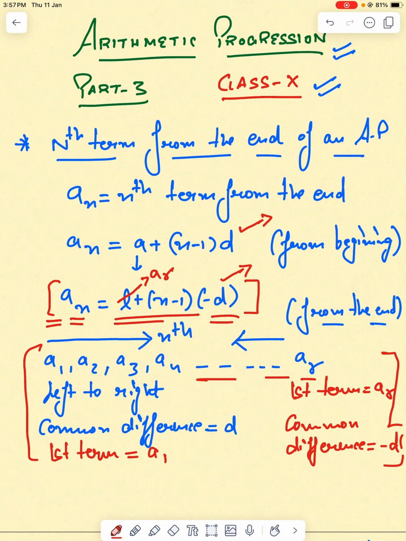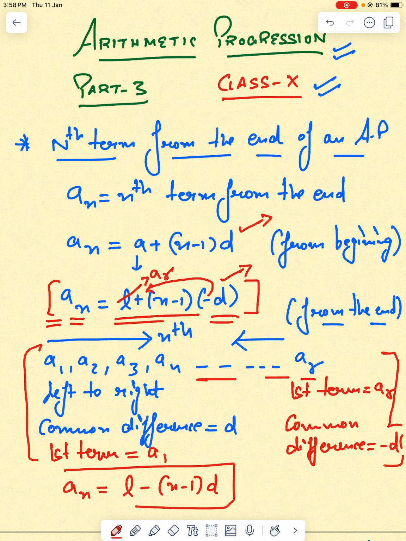So I'm writing it here: an, that is the nth term from the end, will be L. Since this is a negative sign, I put it in front in the multiplication, minus (n minus 1) into d. So the nth term from the end is L minus (n minus 1) into d, where L is your last term. So don't forget this formula.